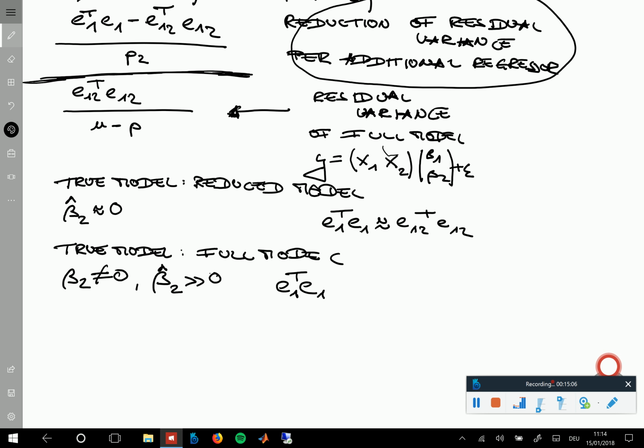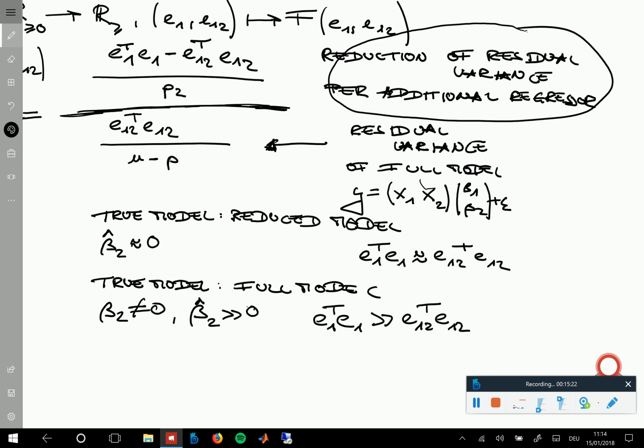So E1 transpose E1 will be larger than E12 transpose E12. So in this case, we get in the numerator quite a large value, which is due to the fact that this value is large and this value is relatively small.